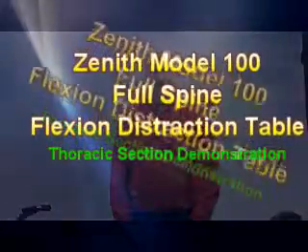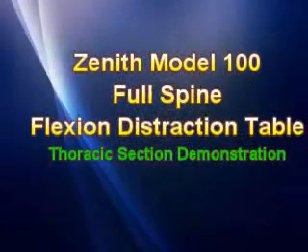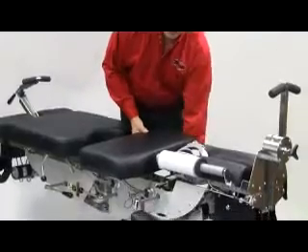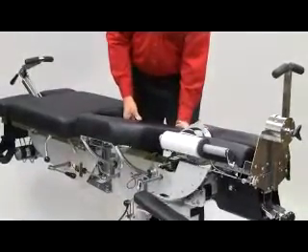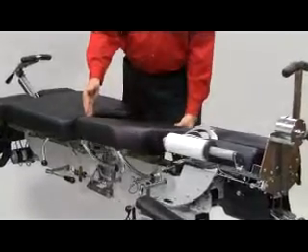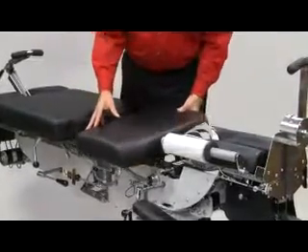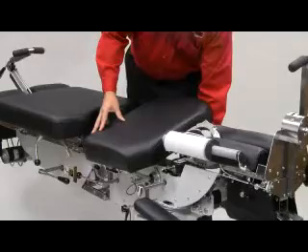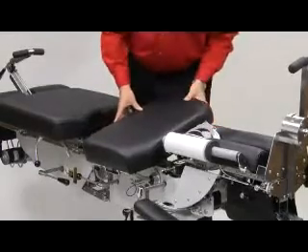In this section we'll talk about the thoracic section of the Zenith flexion table. This table is equipped with an option for thoracic pivotal rotation for scoliosis straightening. It'll rotate 25 degrees right or left and lock in any position for a treatment pivot point.